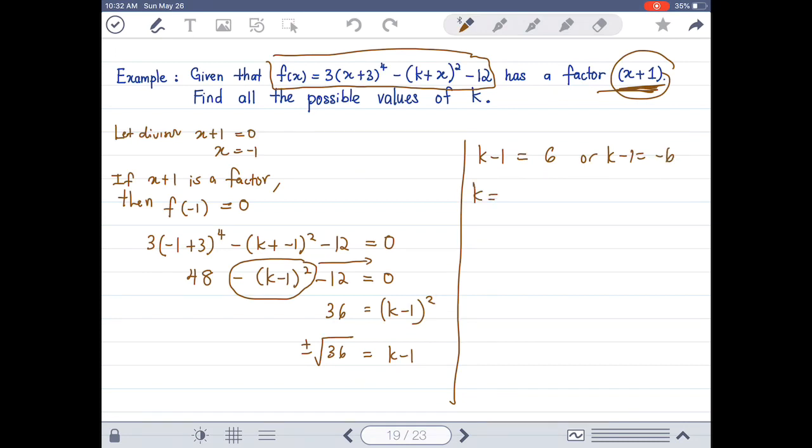Hence k equals 6 plus 1, which is 7, or k equals negative 6 plus 1, which is negative 5. We have two values of k. Okay.